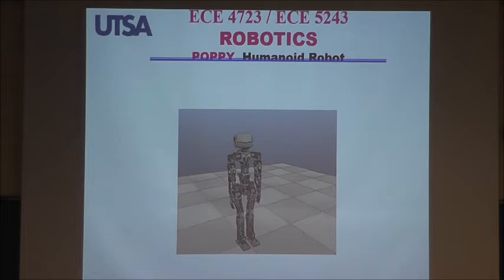This is the robot we are going to build. This is the Poppy humanoid robot, about 85 centimeters. This robot, which we are going to order soon, has an option where you can order a more expensive version of it with all the parts printed for you.